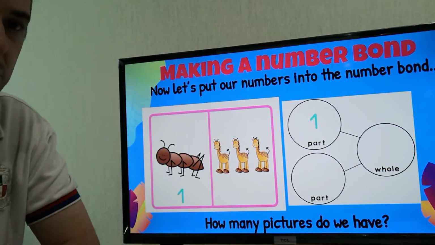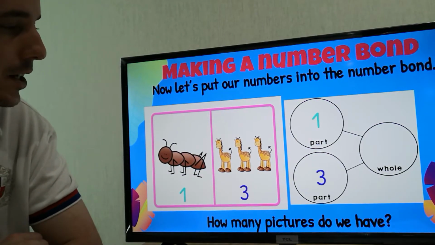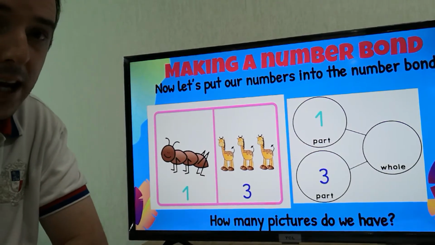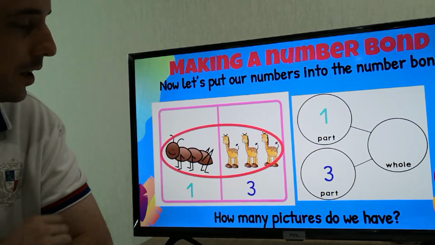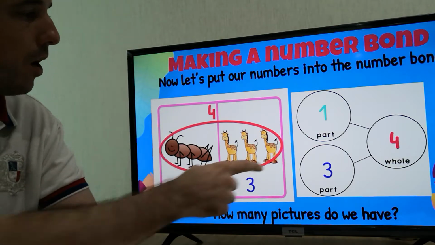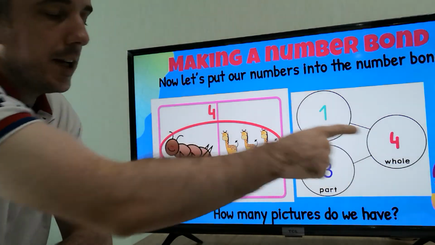So let's see. We have 1 ant. We have 3 giraffes. Together, all the animals together should give me 4. So all the animals together, answer is 4.